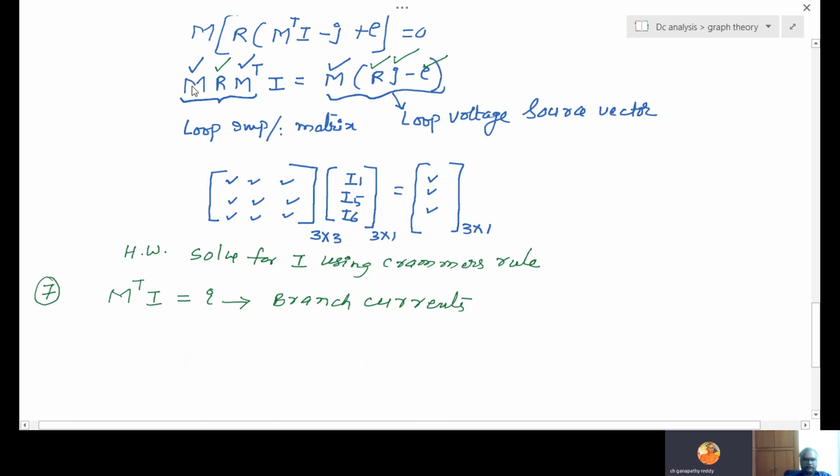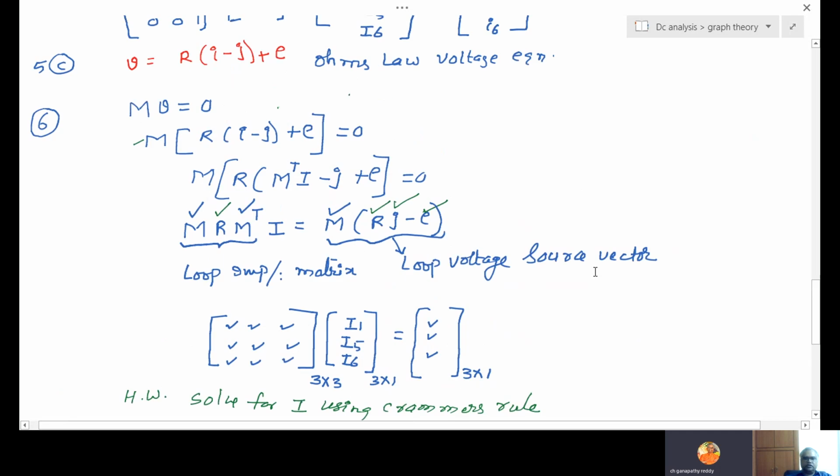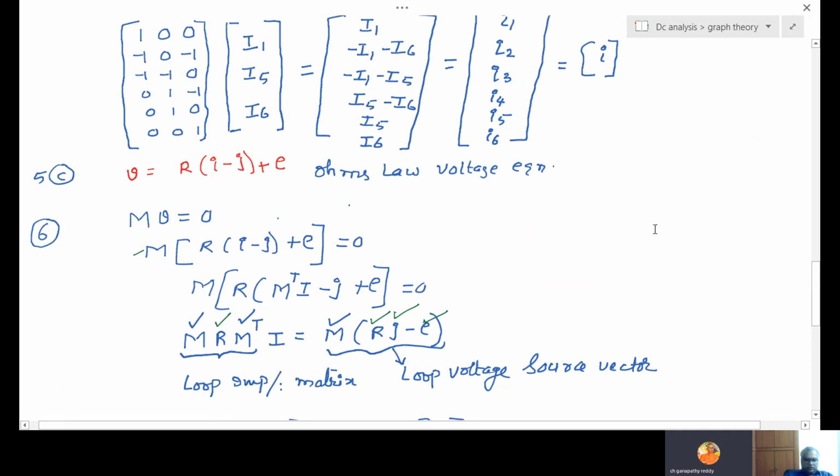Whatever may be the sizes of M or M transpose, within a fraction of a minute you can solve the problem. So that is the whole philosophy behind this graph theory. So with this, graph theory is totally over. Now I am stopping.